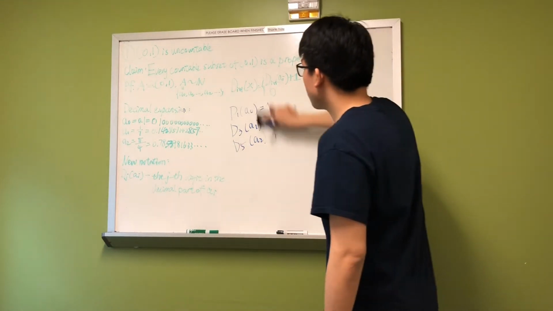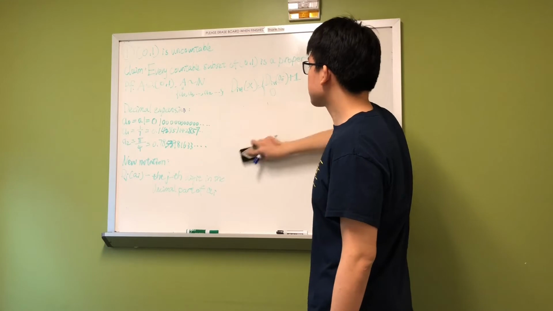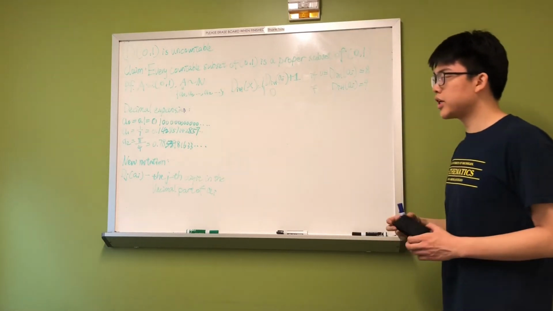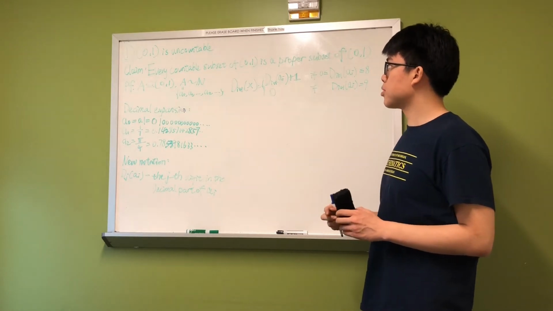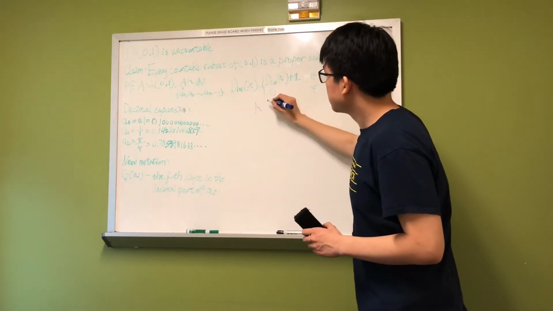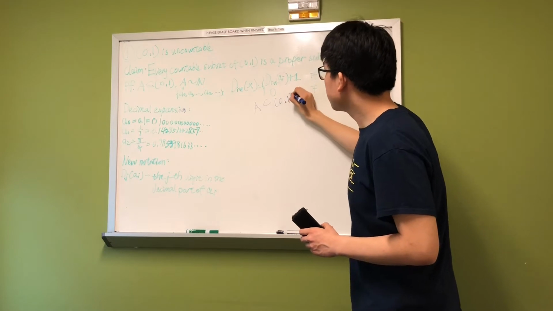Okay, so once we have the decimal expansion and new notation, we are going to prove that A is a proper subset of (0, 1).